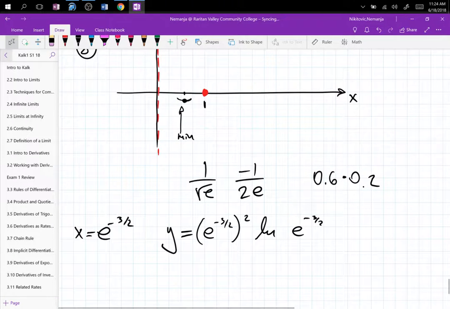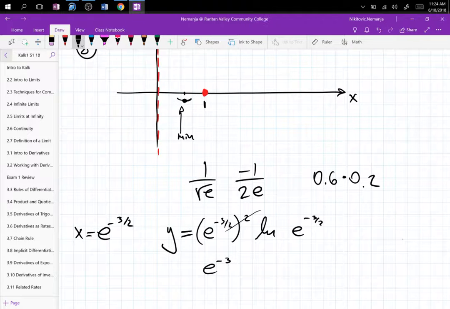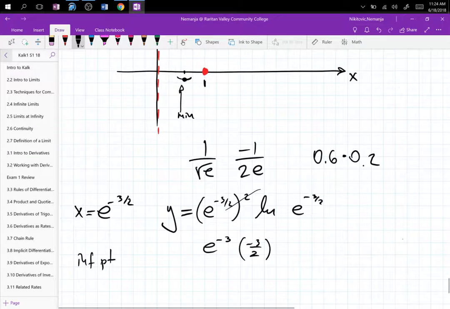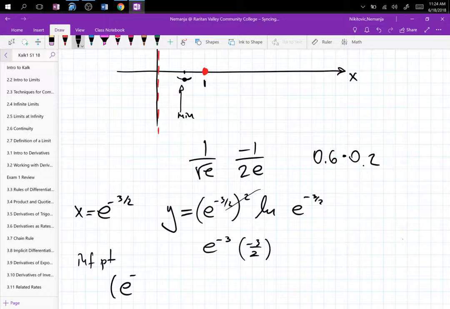For the first one, it's just e to the negative 3, because the 2's will cancel. And then over here, negative 3/2 goes in front, and then ln e is 1. So the inflection point is at e to the negative 3/2, comma, negative 3 over 2e cubed.